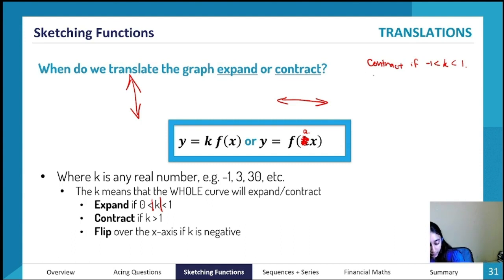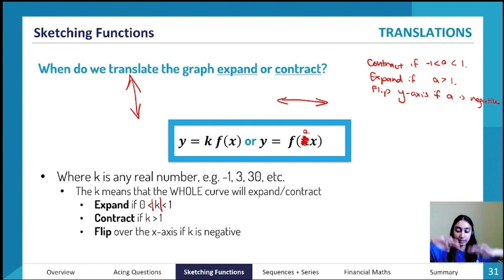It will expand if a is greater than 1, and it'll flip the y-axis if a is negative. Oops, why am I writing k? I should be writing a. Sorry for anyone that's copying. So instead of flipping the x-axis like before, we'll be flipping the y-axis.